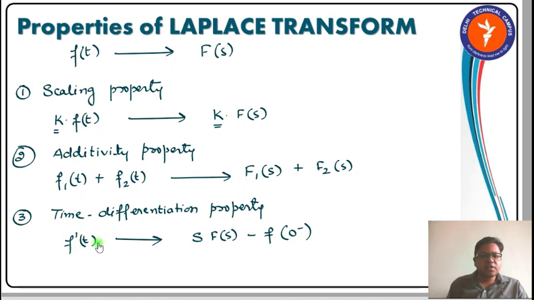That is, the Laplace transformation of a differentiation of a function is equal to s times F(s), where F(s) is the Laplace transform of f of t. So if we have the Laplace transform of f of t, and want to find the Laplace transform of its derivative, then what do I need to do? I need to multiply this F(s) with s, and then subtract the initial condition. See here, the initial condition has already been taken care of in the expression.